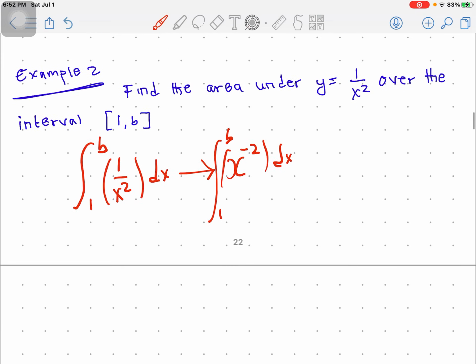From here you can continue to integrate, and as usual we get x power negative 2 plus 1 over negative 2 plus 1, and don't forget that we have our limits, 1 to b.